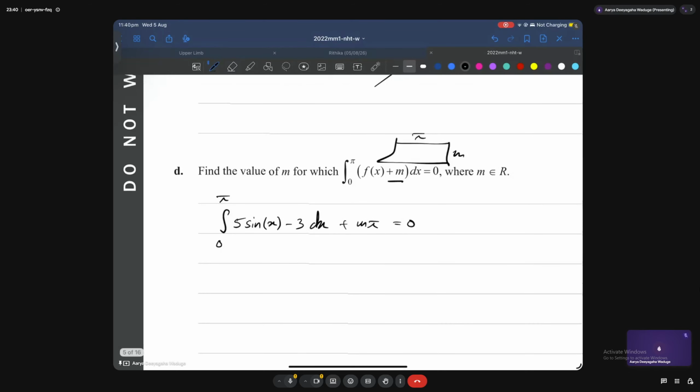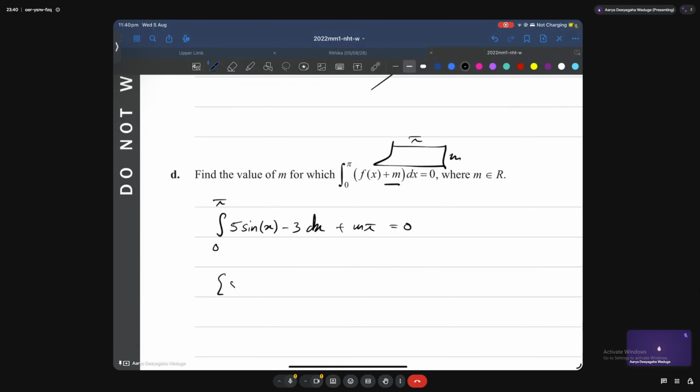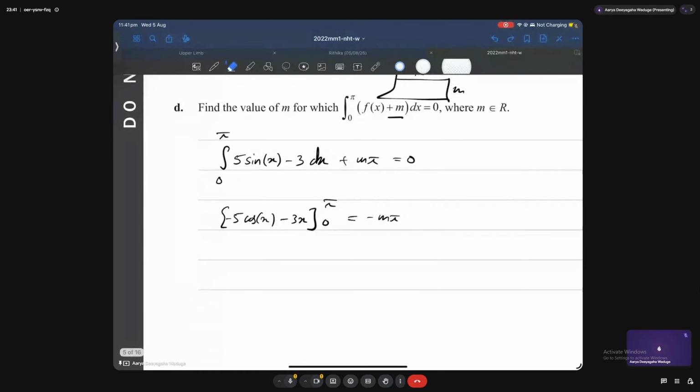Okay, so this is a very convenient way to do this. So this here will become negative 5 cos x minus 3x. Okay, so this will be pi and this will be 0, is equal to negative m pi. Okay, cool. I'll just leave it like that.